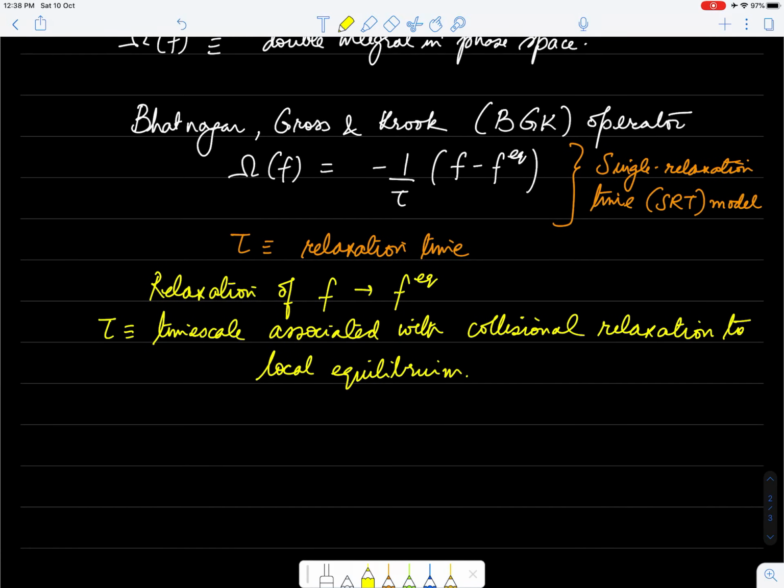Now we will show later that the Boltzmann equation reduces to a very simple linear form that can be solved in the discrete sense.